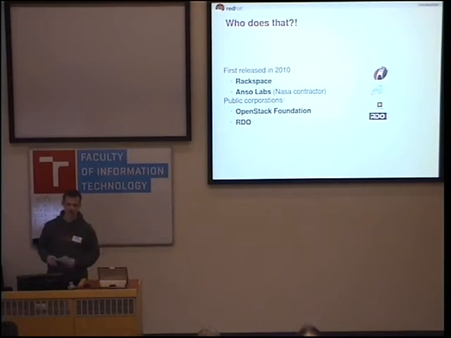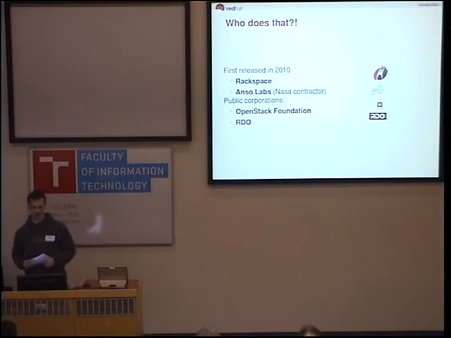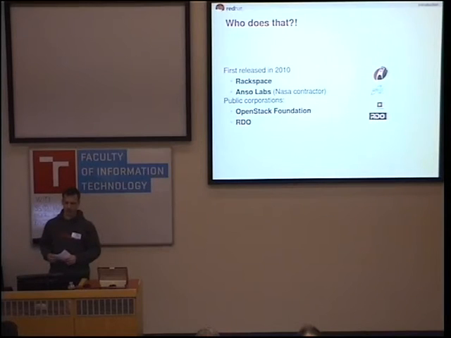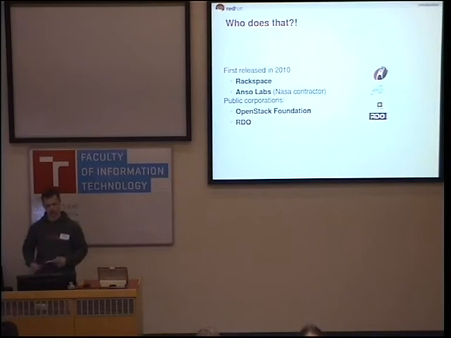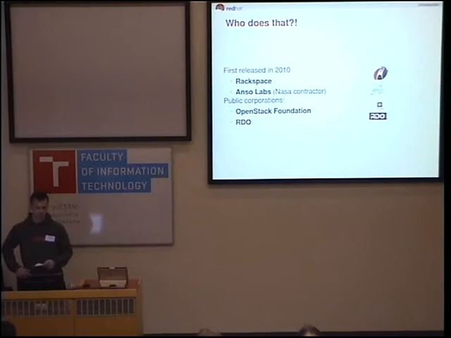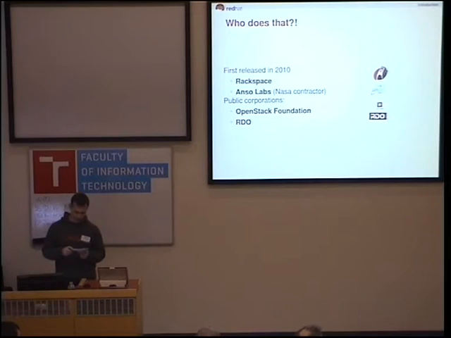The first release came in 2010. It was developed by Rackspace and Anso Labs. And since 2012, there's the OpenStack Foundation, which is an independent body which tries to protect, empower, and promote the software and the community.